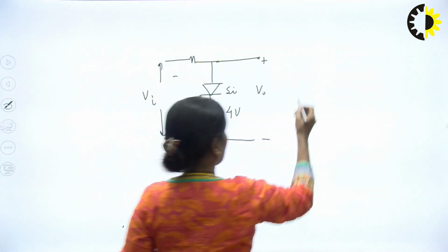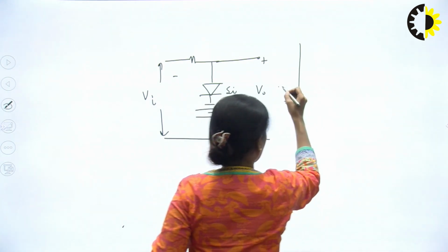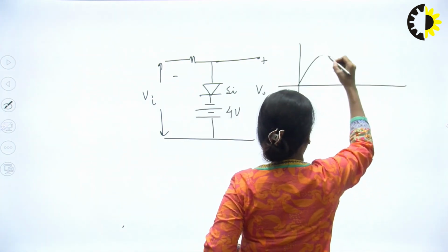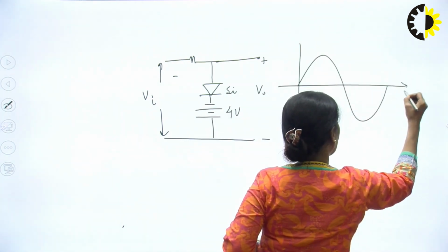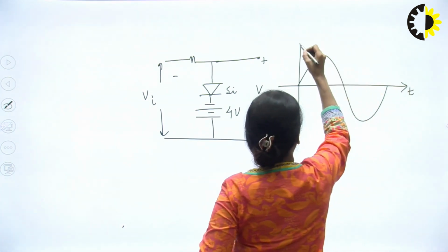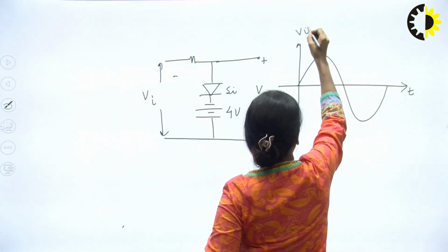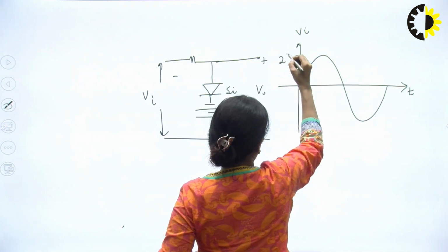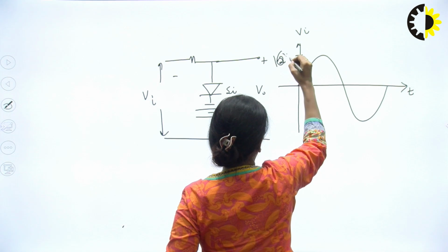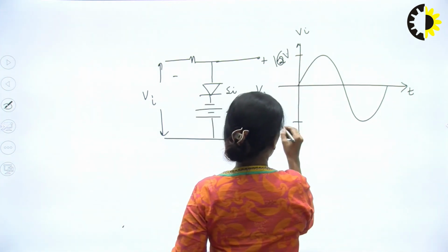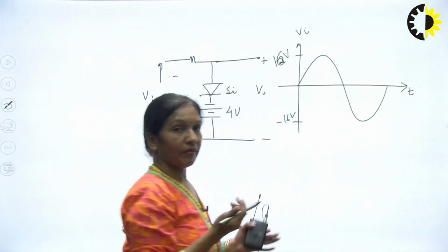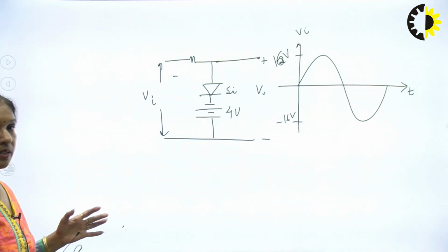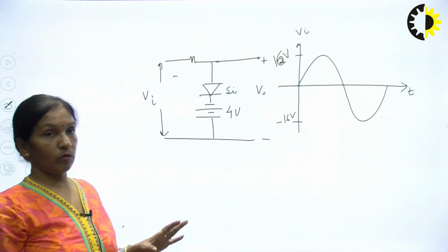And let me draw the input signal. Let me take this as 16 volts. This is minus 16 volts. I've taken some numerical value to make this example more clear to you.